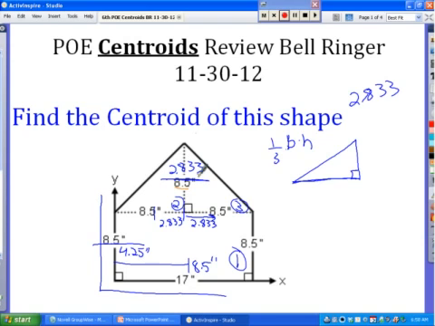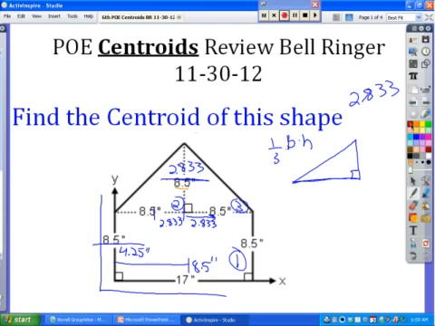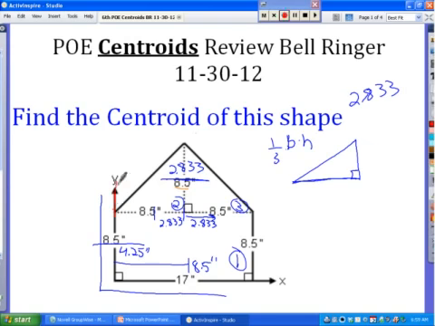So I think at this point I've got all of my numbers. I just need to figure out how far from the reference point, so from this line, how far is this over? So I just take 8.5 and subtract 2.833, and that gives me the number 5.67 inches from the reference point.